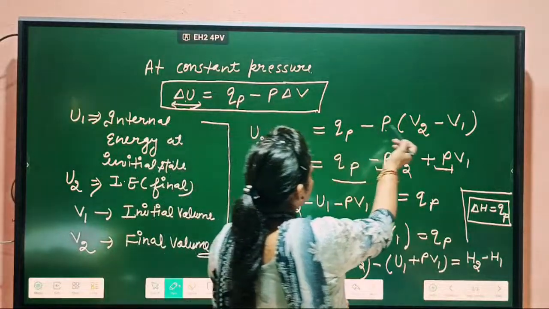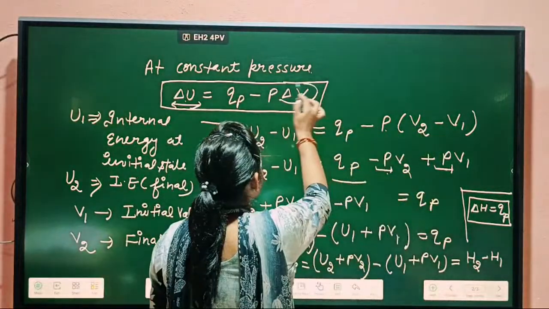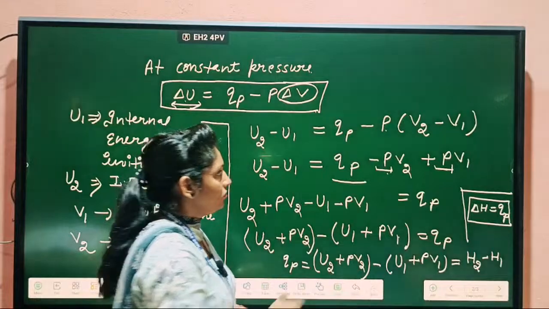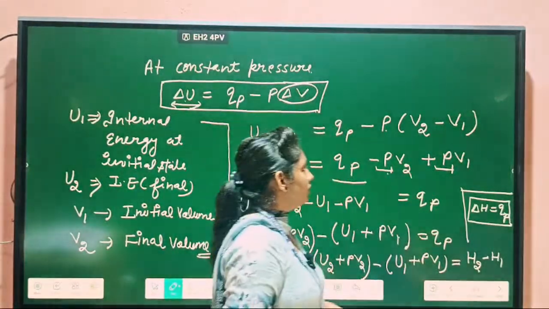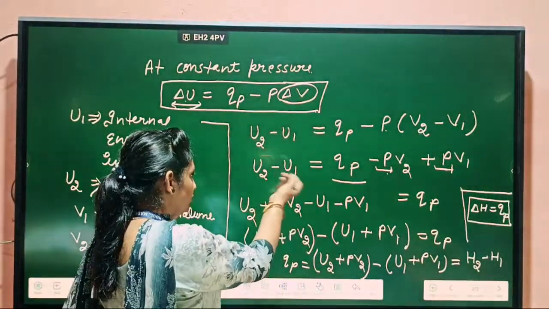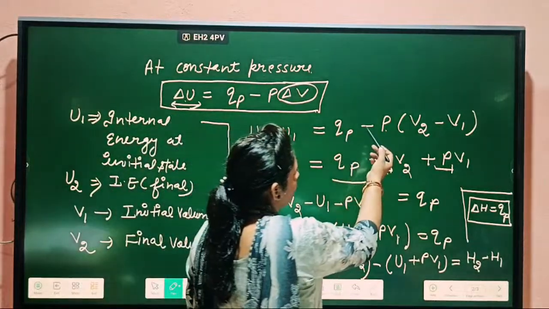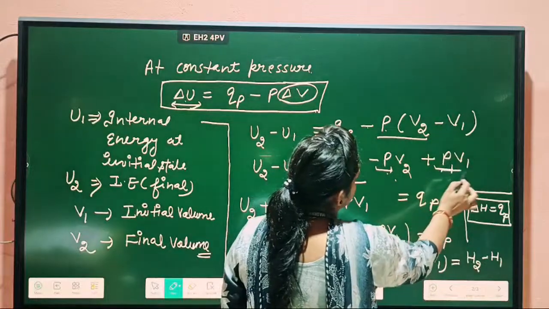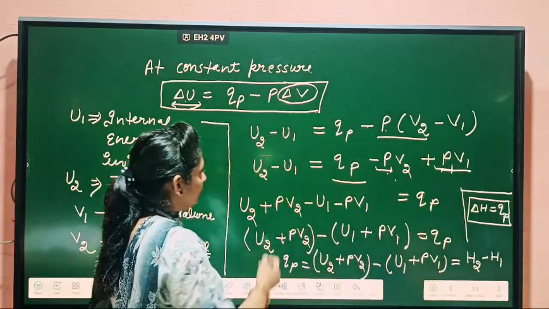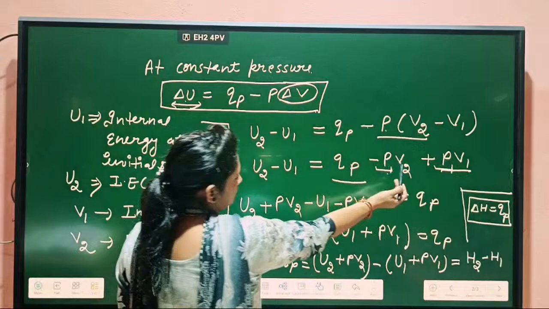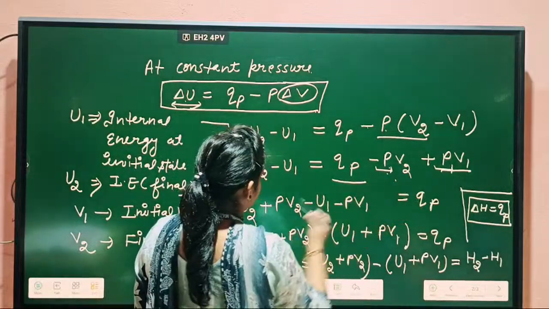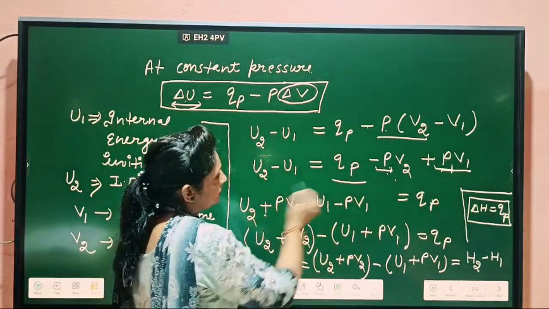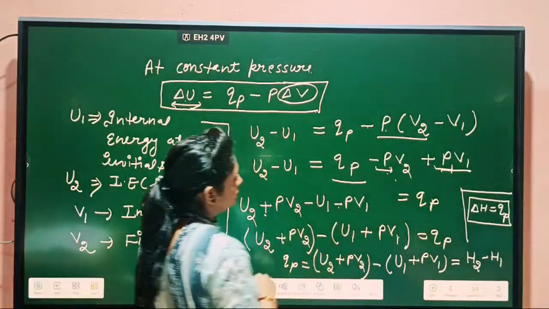This is QP minus P, and again this is change in volume, means V2 minus V1. Then solve it: U2 minus U1 is equal to QP minus PV2 plus PV1. Then on this side it will be plus and it will be minus.